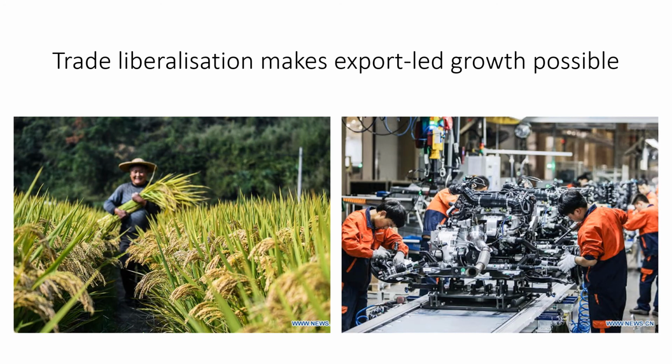You could also say that the effects of trade liberalisation depend upon an economy's stage of development. So if you went back 20 years, trade liberalisation certainly helped China to escape primary product dependency. So 20, 30 years ago, China was agrarian, producing low-priced primary products.